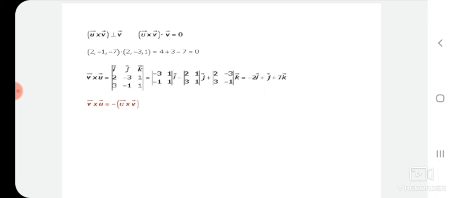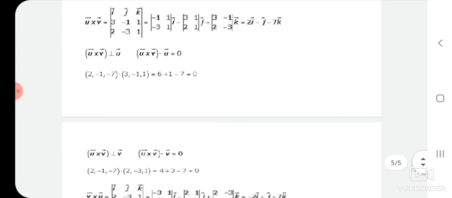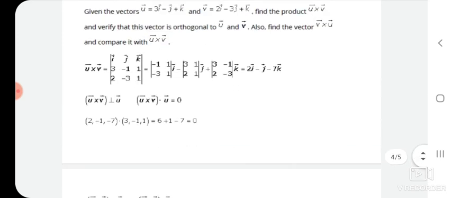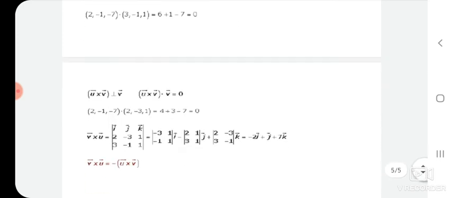If we see, u cross v is exactly opposite to v cross u, that's why v cross u is equal to minus u cross v.